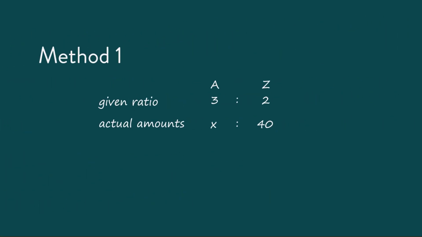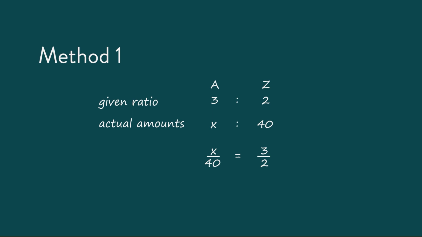Method 1. The given ratio 3:2 and the ratio of actual amounts X:40 are equivalent ratios. Writing these ratios in the fraction notation of division gives X divided by 40 equals 3 divided by 2. Removing the divide by 40 on the left hand side leaves X remaining by itself.